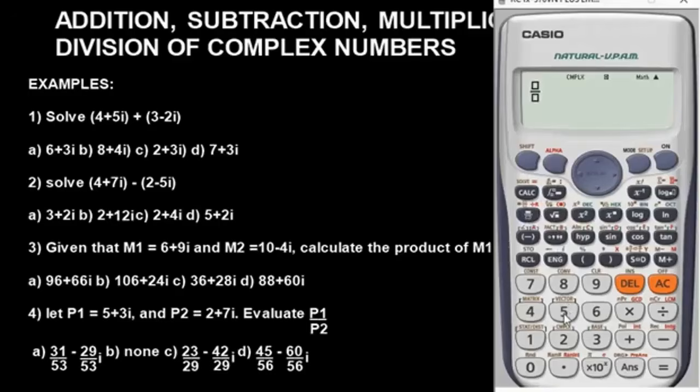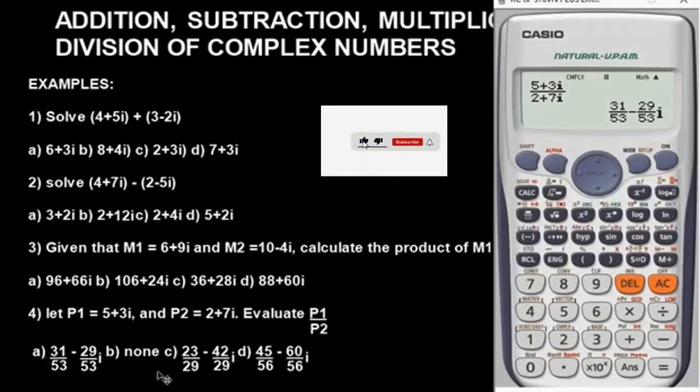The numerator values are 5 plus 3i, while the denominator values are 2 plus 7i. Let's press equal to now. 31 over 53 minus 29 over 53i. So the answer to this question is option A.